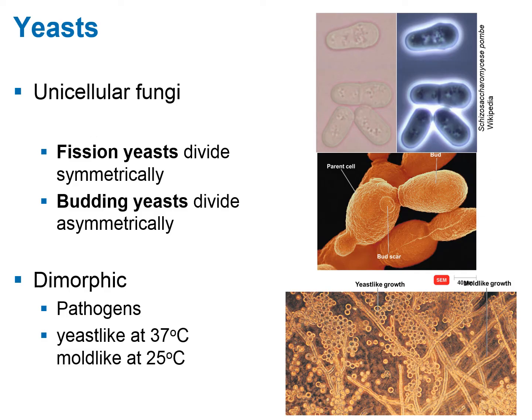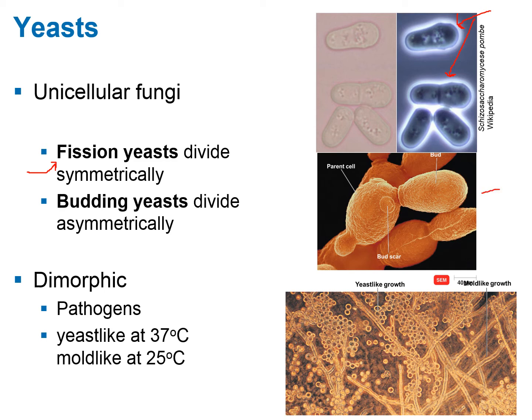As I've already mentioned, in addition to your multicellular fungi, you also have unicellular fungi, and they're called yeasts. Yeasts are divided into two categories based upon how they reproduce. So you have fission yeasts, which do a process that's very similar to binary fission. The yeast cell grows and then it develops a partition in the middle that splits the cell into two.